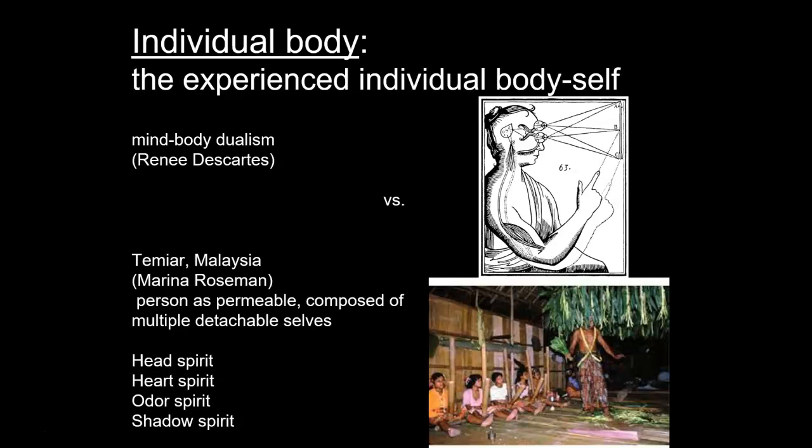So each person includes a head spirit, a heart spirit, an odor spirit, and a shadow spirit. And what she describes is that these spirits can, and sometimes do, wander off into the forest around where Temiar people live, and essentially detach themselves from the person, which brings on various kinds of illness.